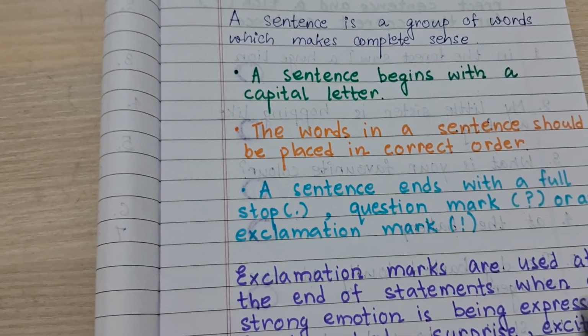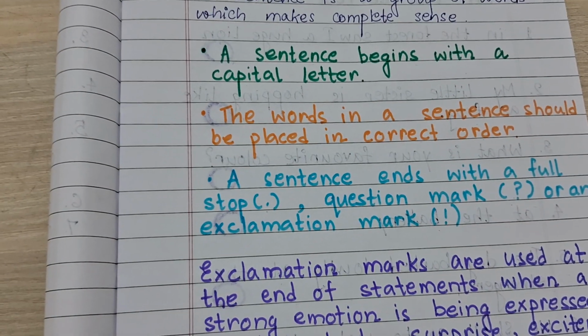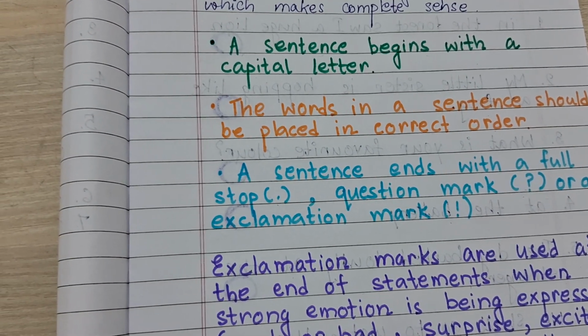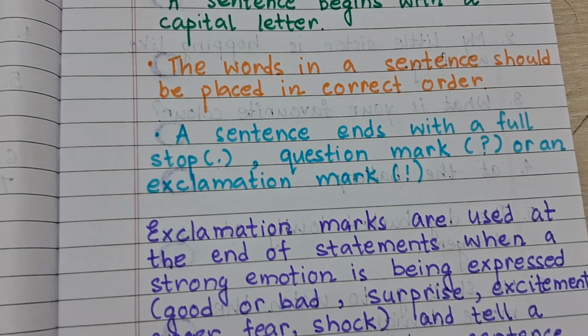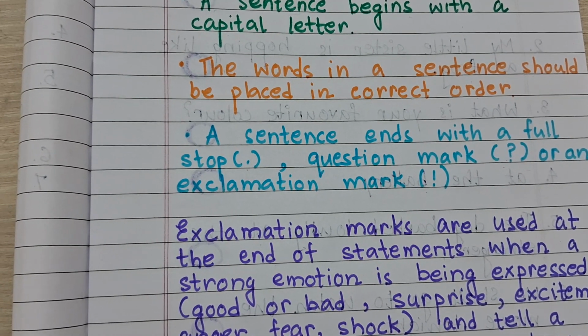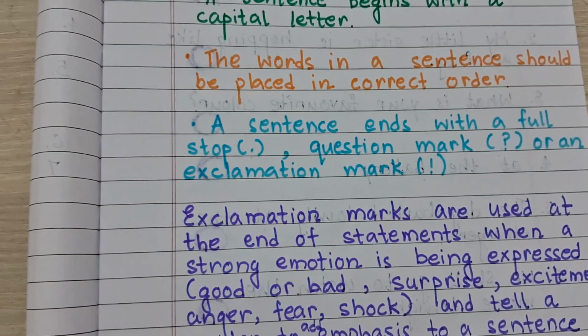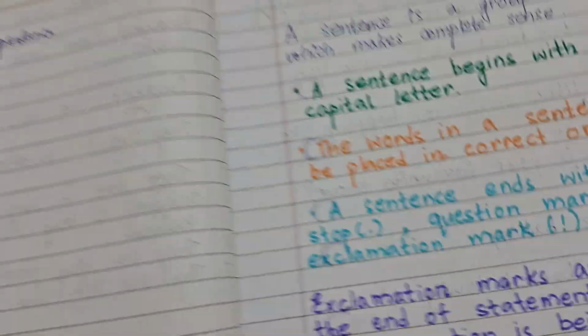The three main points are: the sentence will start with a capital letter, the words should be arranged in an order to form a meaning, and the sentence will end with a full stop or a question mark or an exclamation mark. Next, I have given some work to you all, so let's see.